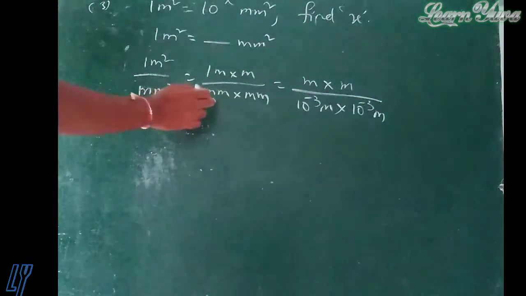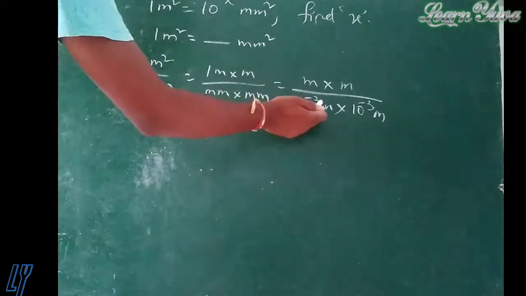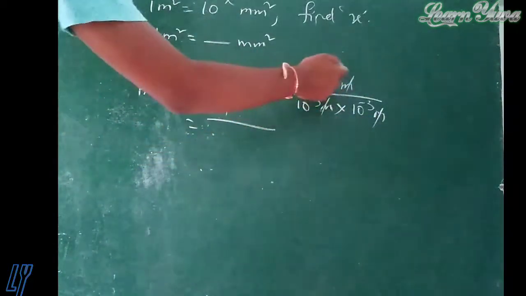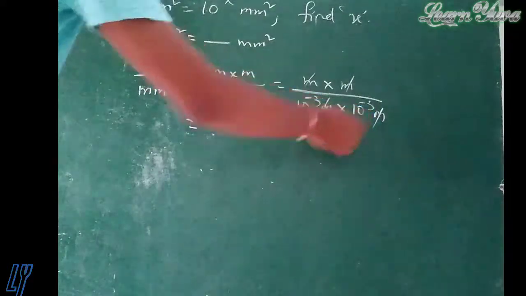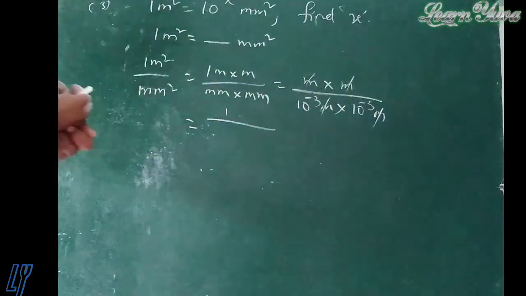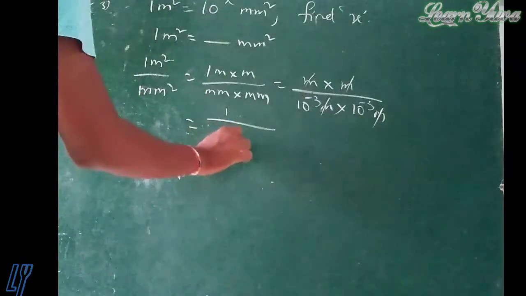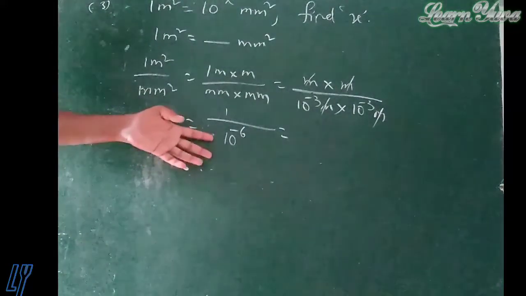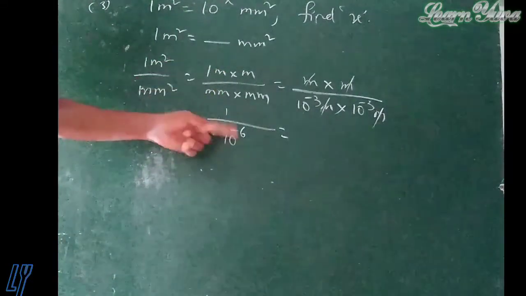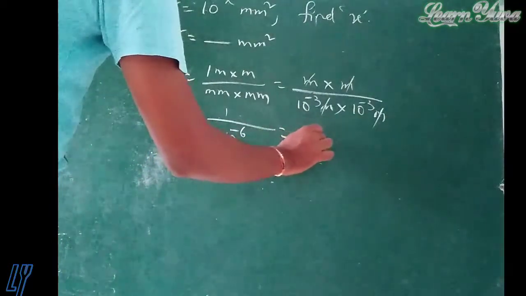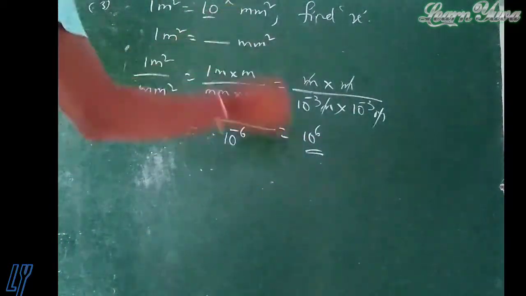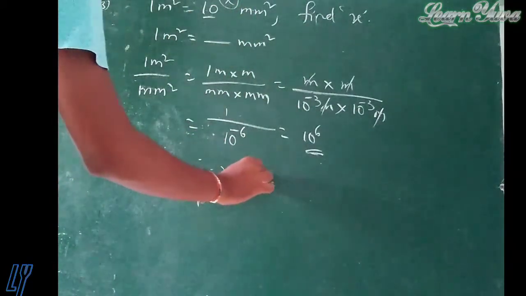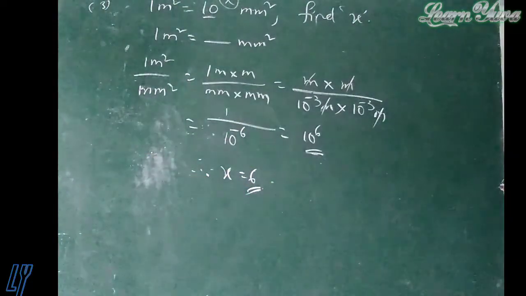Meter, meter cancel. 1 by nothing means only 1 is there. 10 power minus 3, 10 power minus 3. When the bases are the same, what should be done? Add: minus 3, minus 3, minus 6. 10 power minus 6, in denominator: 1 by 10 power minus 6. If we send the denominator value to the numerator, the power should be positive, that is 10 power 6. Here 10 is the same. What is the power value? x. Therefore, x is equal to 6.